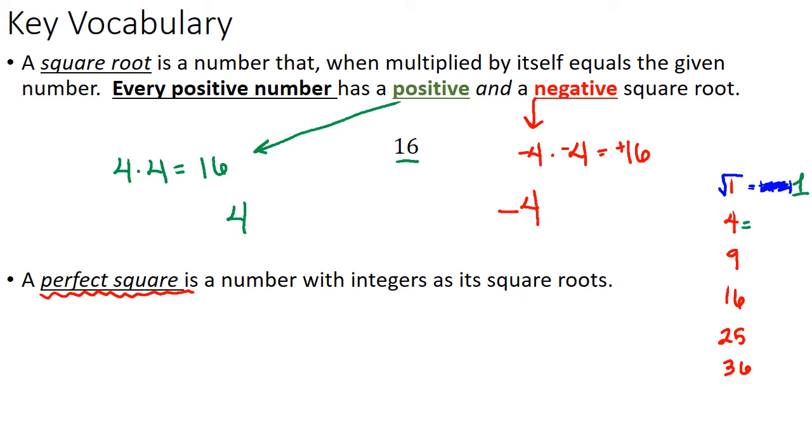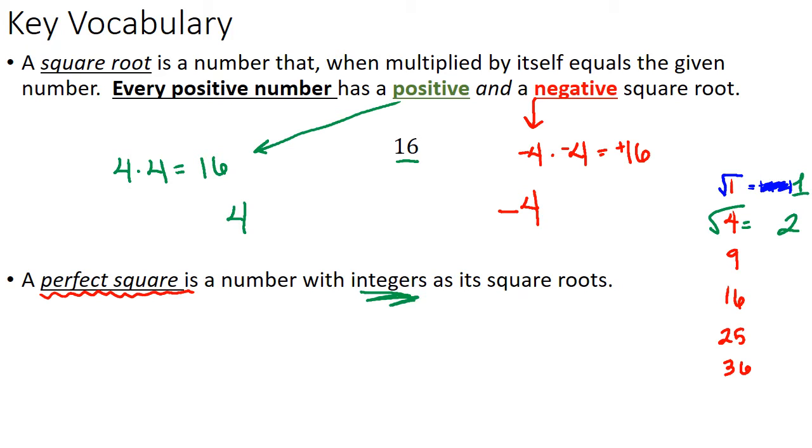Okay, and then I can do the same thing with 4. If I want to take the square root of 4, well, what number times itself is going to give me 4? Well, I know that's 2 times 2, so my square root of 4 is 2. So I have these integer square roots, which makes these numbers here, 1, 4, 9, 16, 25, 36, 49, perfect squares.